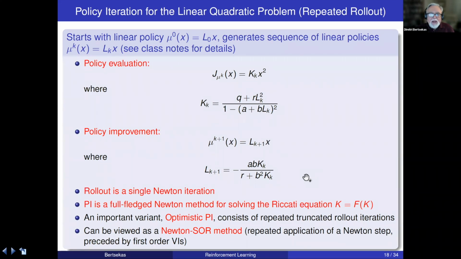So we're looking at a special case. However, the nice thing is that the insights that we obtain from the special case carry over in great generality for arbitrary dynamic programming problems with a single optimizer, not two-person players, but a single player.